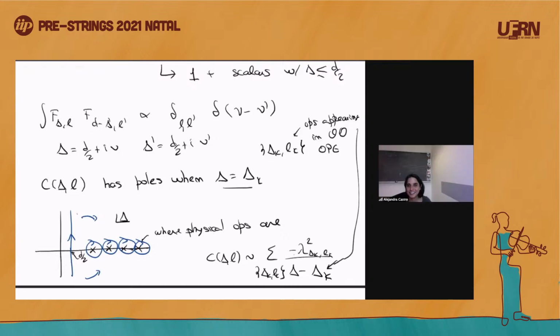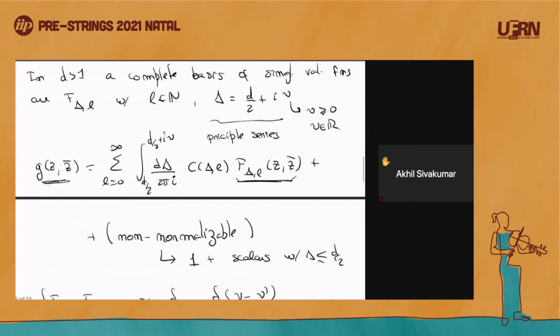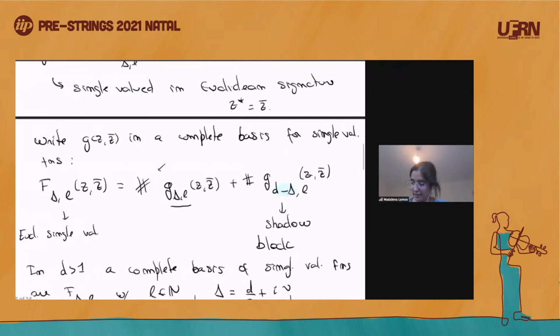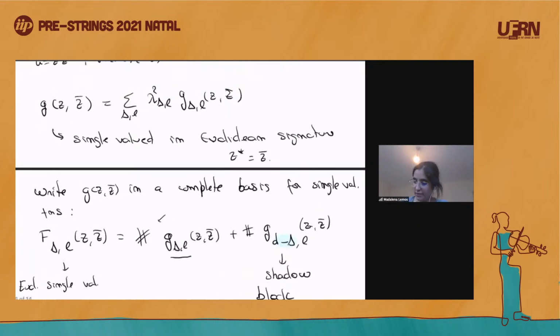Hi. Sorry, could you remind me what is a single valued function? What do you mean single valued? It means that when I take Z and Z bar to be complex conjugates and I move Z around in the complex plane, it's single valued.